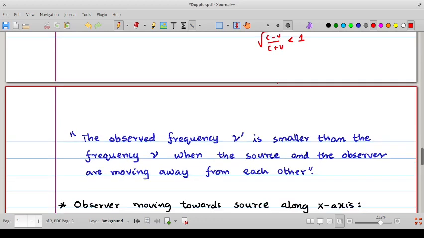So we immediately see that if the observer is moving away from the source, then the observed frequency nu dash will be smaller than the original frequency nu with which the light has been emitted by the source. Or in other words, if the source and the observer are moving away from each other, the observed frequency will be smaller than the emitted frequency.